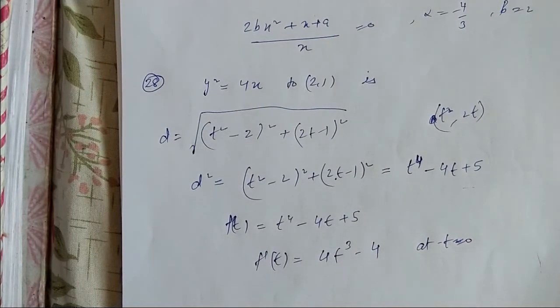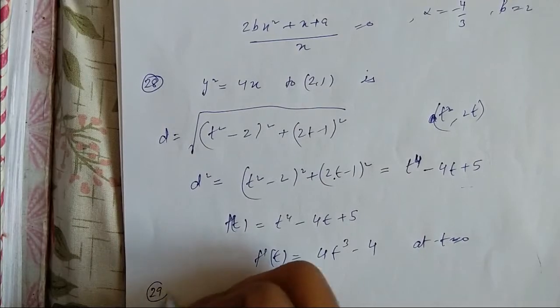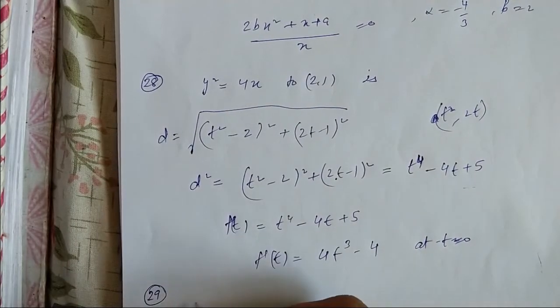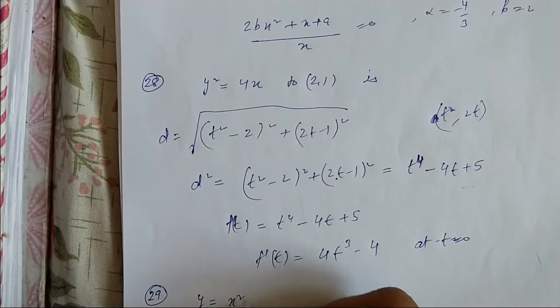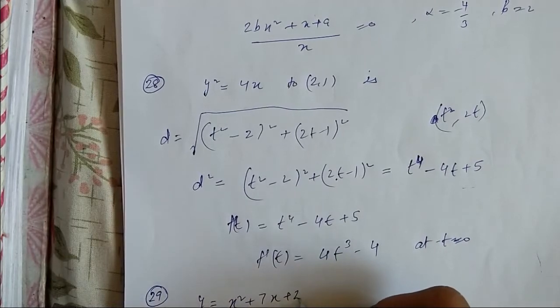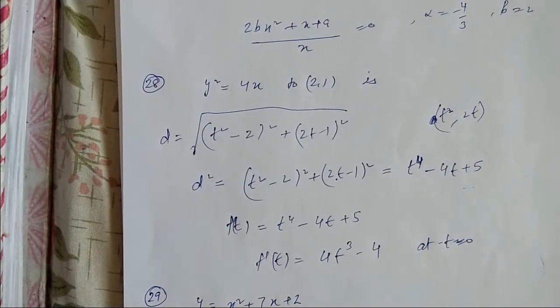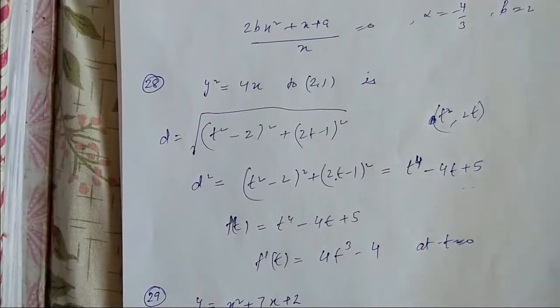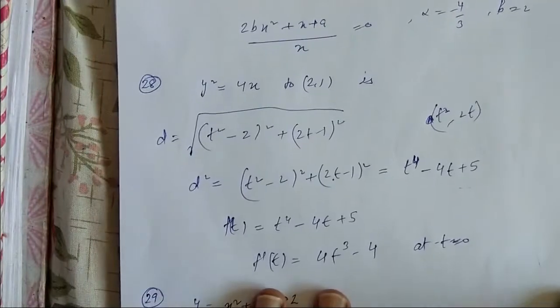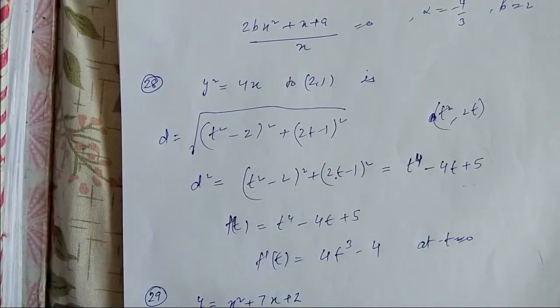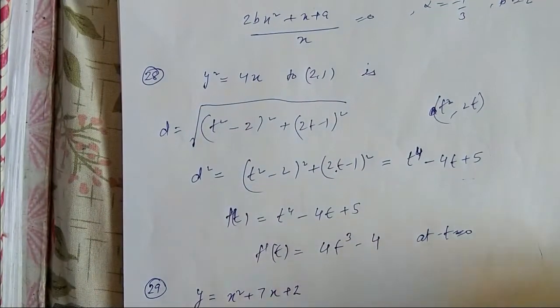Okay, moving on to the next question, question number 29. The point on the curve y is equal to x square plus 7x plus 2 which is closest to the line y is equal to 3x minus 3. Okay, so this is clearly a parabola.